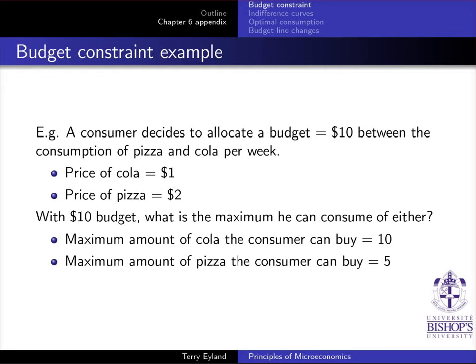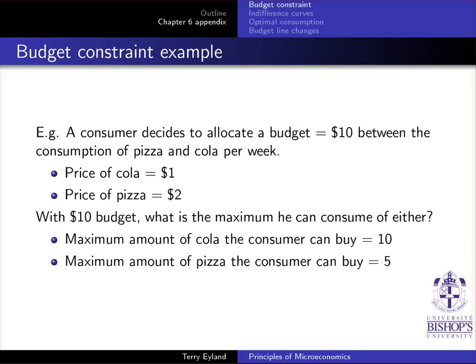And the price of cola is $1 and the price of pizza is $2. Well, with that, we could see that the maximum amount that someone can consume of either would be 10 units of cola if they only consume cola, 5 units of pizza if they only consume pizza.